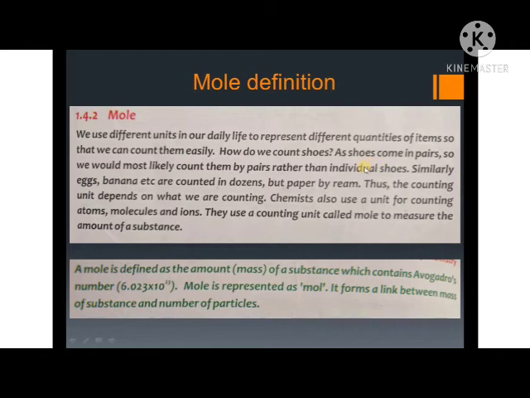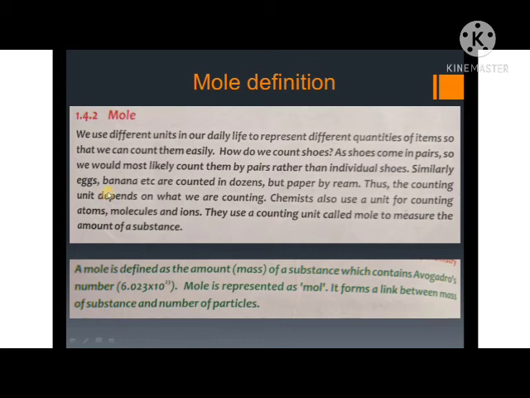That's the point: we count shoes in pairs. 2 pairs of shoes, 3 pairs of shoes, 5 pairs of shoes. We can't say that 3 pairs of shoes equal only 3 individual shoes. So pair is the unit used for shoes because they come in pairs.